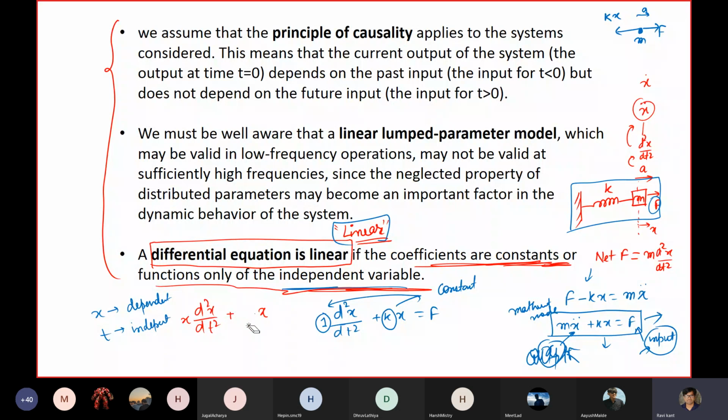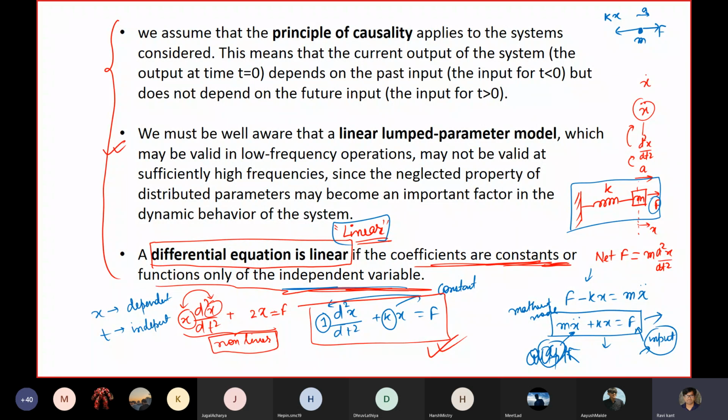The 2 is fine, but here x is multiplied with the dependent variable. So this equation is essentially a non-linear equation, and we are not going to take up these sorts of non-linear equations in our control framework. We are going to take up only linear equations in this whole course. In the whole semester we will be goofing around with linear systems only.